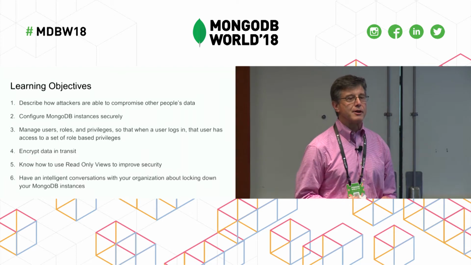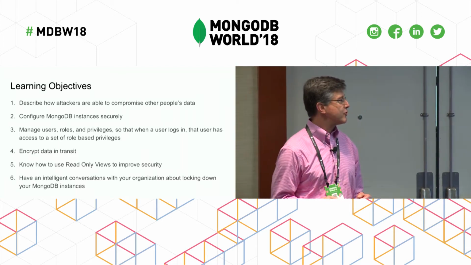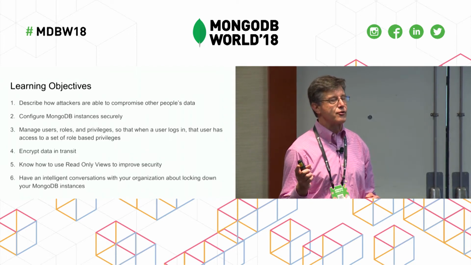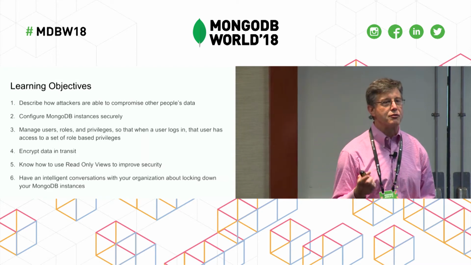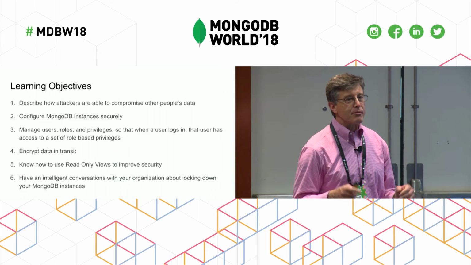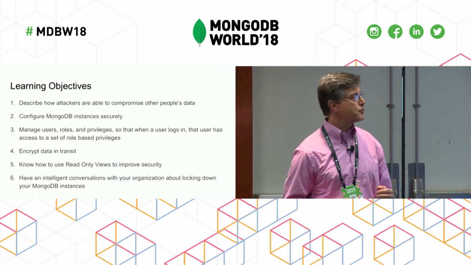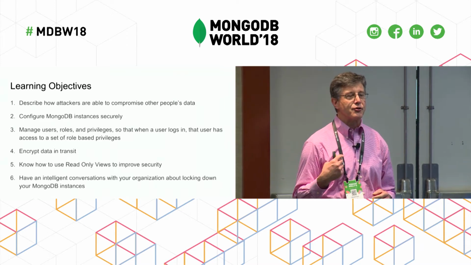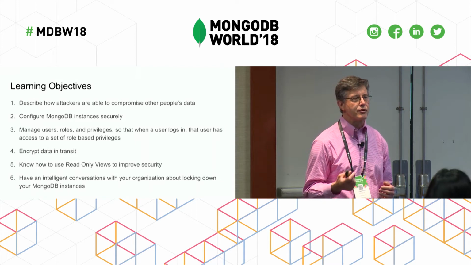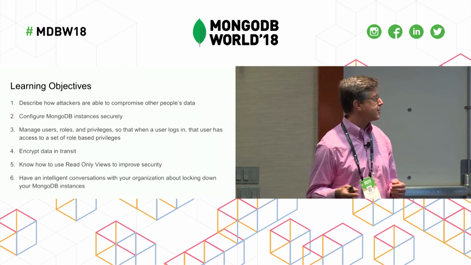And specifically with respect to MongoDB, we're going to get into how to set up database instances, how to set up encryption on the wire so that the data that's flowing through the pipes to and from the databases, between the databases, is not able to be read in plain text, how to manage users' roles and privileges. There's a concept that was introduced in, I believe it was 3.5, called read-only views. Those can be used to provide some security in your applications.